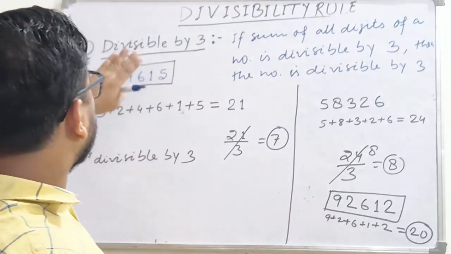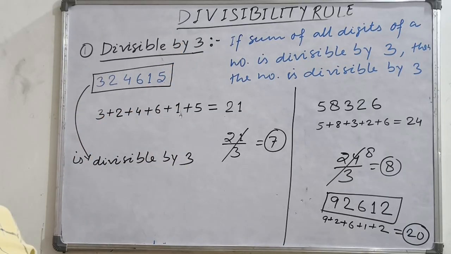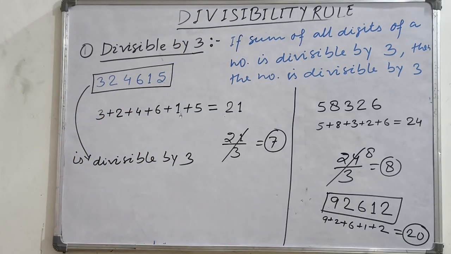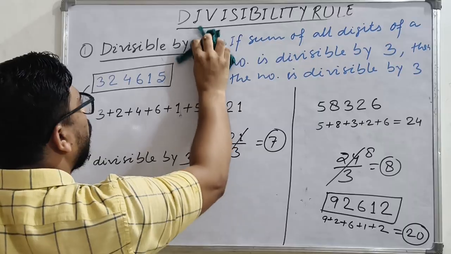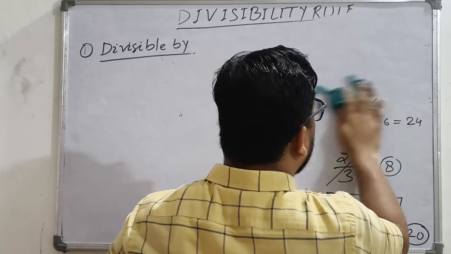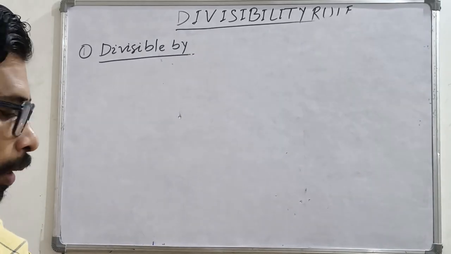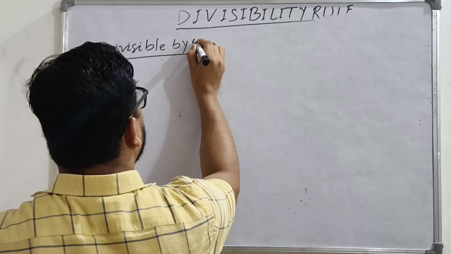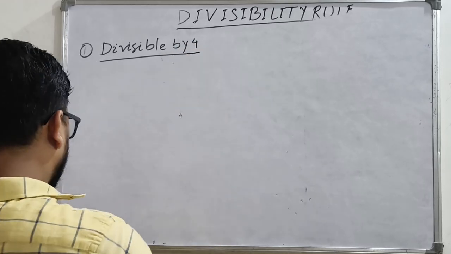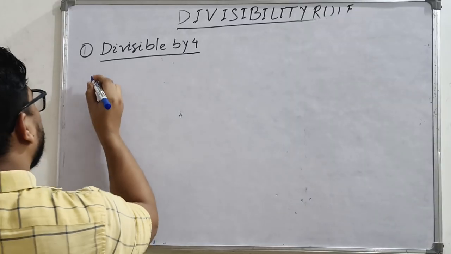Now we are going to check divisibility by 4. Which numbers are divisible by 4?